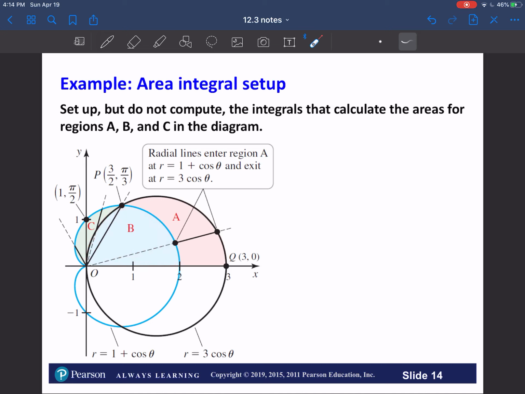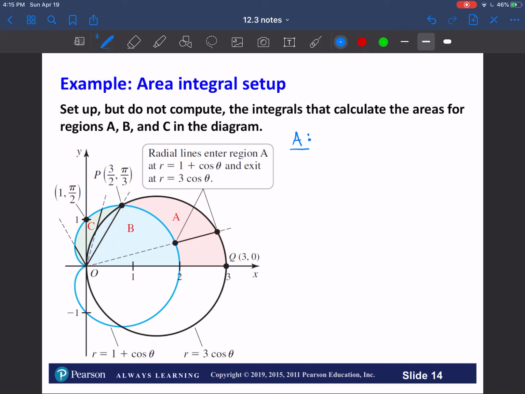All right, so the first thing that you should do for each region is figure out what the bounds for theta should be. So for region A, if you just take a look at the picture, you'll notice that it goes from theta equals 0 up through theta equals this value, which occurs at pi over 3.